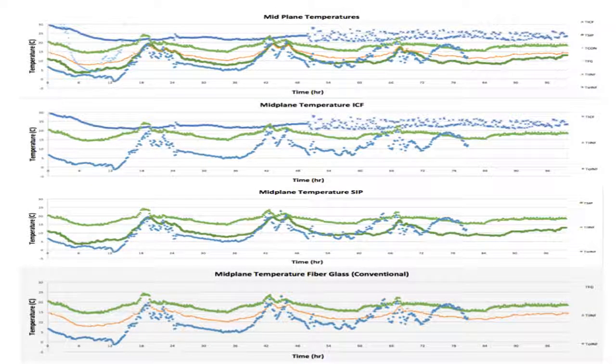And the midplane temperatures are very telling as well, whereas in the second picture down, that's the ICF portion, you'll notice it stays relatively constant because it has so much thermal inertia it doesn't want to change temperature, whereas in the bottom one, the midplane temperature of the wall stays right around the midpoint between outside ambient air and the inside ambient air.